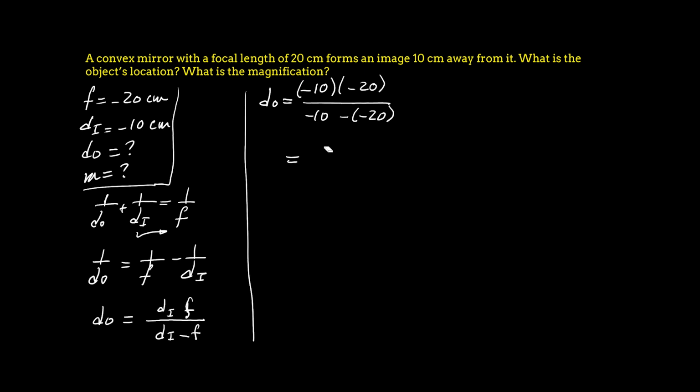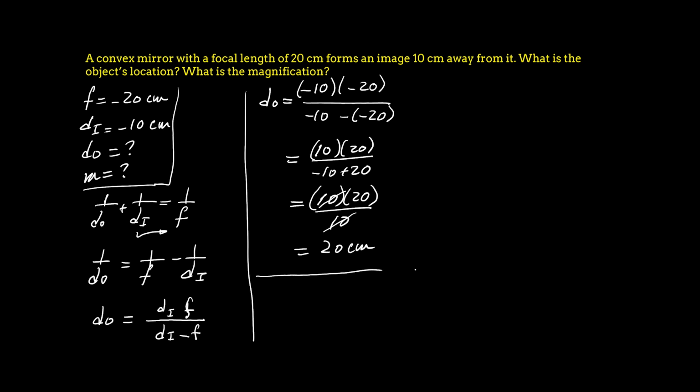So that will be 10 times 20, and you have negative 10 minus 20. That's plus 20. Let me put it in. So we get a 10 in the denominator. Well, this 10 cancels this, leaves me with 20 centimeters. So it's positive, further away from the mirror than the image. So this looks like we're on the right track.